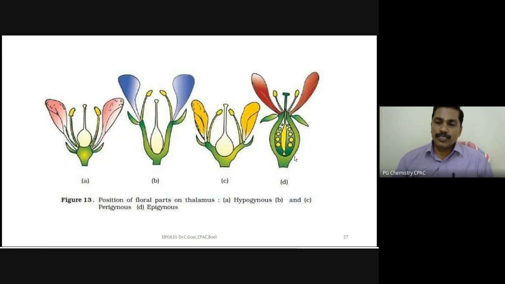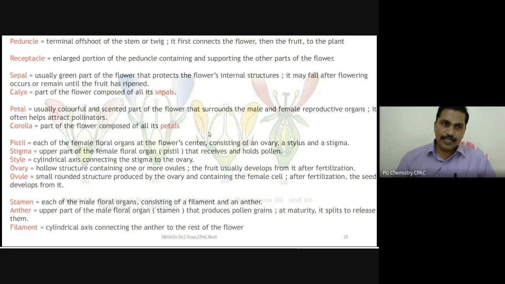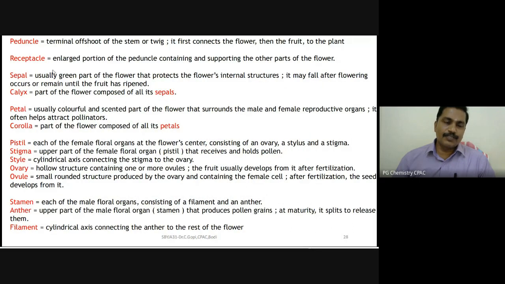If the ovary appears below, an inferior ovary, it is an epigynous flower. If in between, it is called a perigynous flower. Okay. So these are the details of that description: peduncle, receptacle, sepal, calyx, petal, corolla, stigma. All those things are already shared.